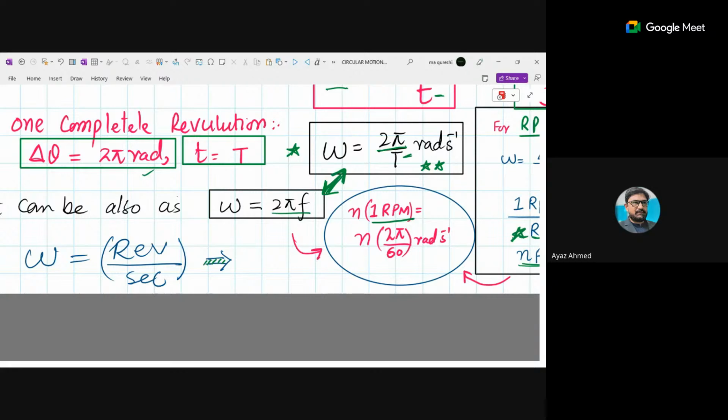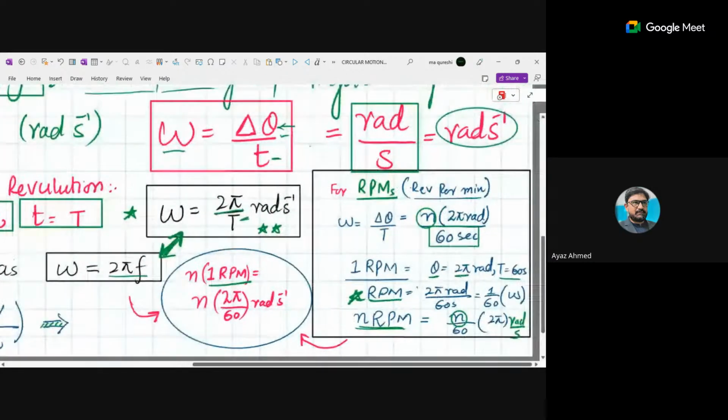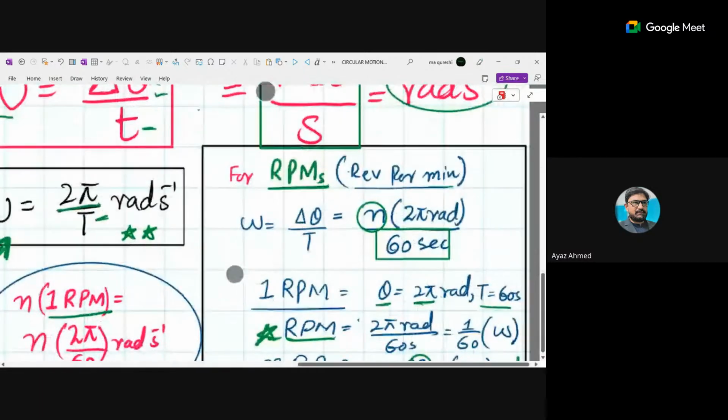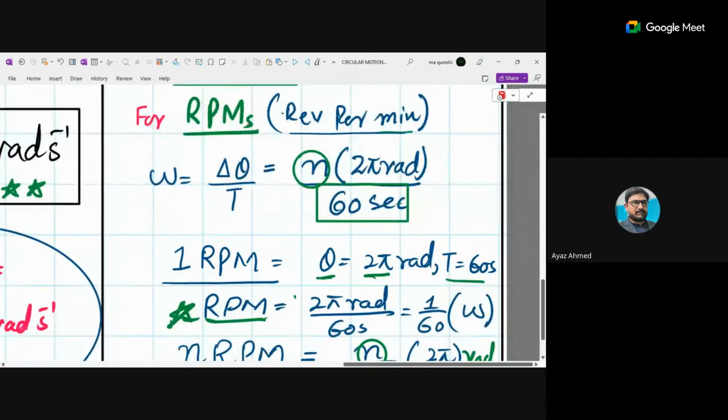Now, there is another important aspect of angular speed, that is revolutions per minute or revolutions per second. Normally, revolutions per minute is called RPM. If I say the speed is measured in RPM, it means revolutions per minute. Number of revolutions per minute means how many times 2 pi radians have been covered.